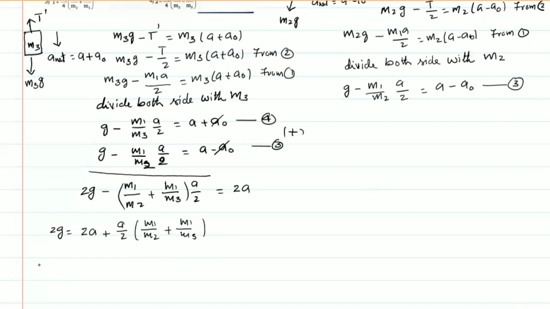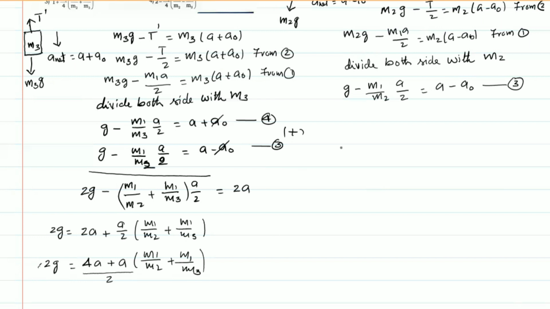Now 2g is equal to, here I'll take the LCM 2. So 2 times 2 is 4, 4 plus a into (m1 by m2 plus m1 by m3), so here the LCM is 2, so total upon 2.